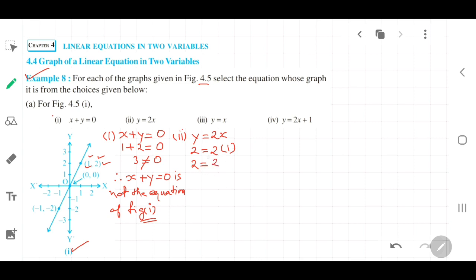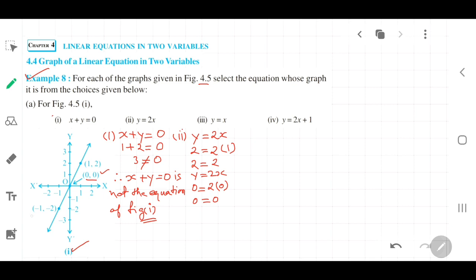So we found that y is equal to twice x is correct for the first coordinate. Understood? So for the first coordinate it is correct. Let us see the second coordinate here. That is y is equal to twice x. So if you take y as 0, 0 equal twice into x, x also 0. So both sides you will find 0, because 2 into 0 is 0. So it also satisfied the second coordinate.